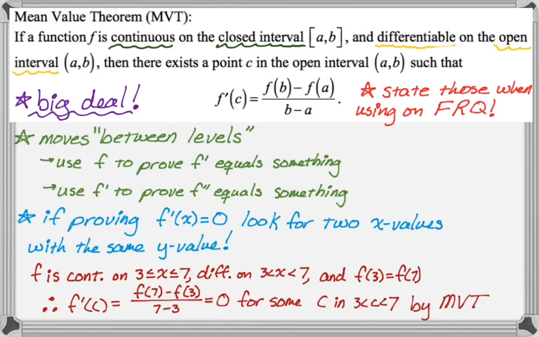Just a couple more contexts in which you'll use it. It shows up on the multiple choice a lot, and in those questions you'll sometimes be asked to find c. You might be asked how many values of c are guaranteed on a particular interval, and in those problems, watch out for values that are not on the interval. You'll be asked, must c exist? They love to ask questions where they tell you that a function is only continuous and not differentiable, and try to trick you.